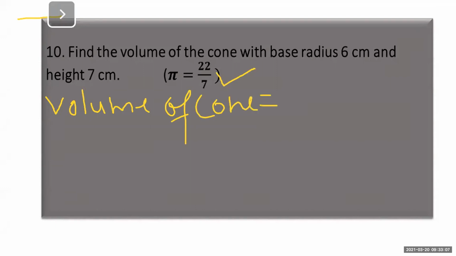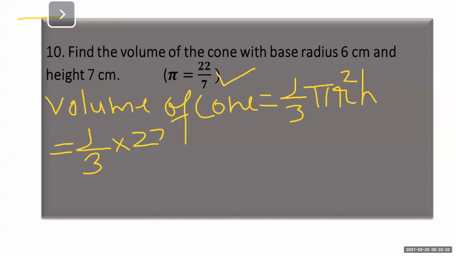is equal to 1 upon 3 pi r square h. So substitute over here: 1 upon 3, pi value is given, 22 upon 7 into r square. R is given 6 centimeter, 6 into 6.